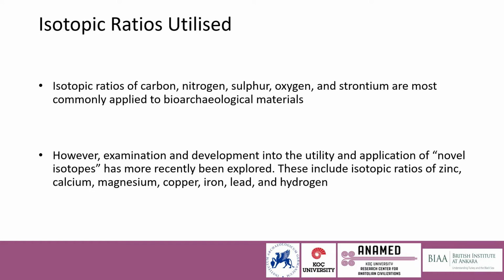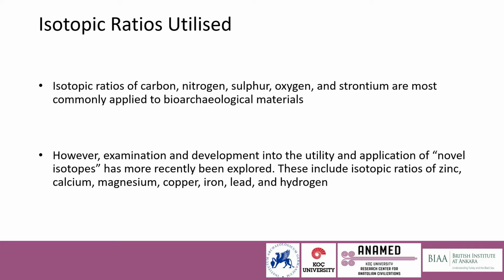As research continues, it's likely that the standard repertoire of carbon, nitrogen, sulfur, oxygen, and strontium will be expanded to include these other isotopic ratios. For example, hydrogen is becoming more common in recent years. However, in this talk, I'm just going to deal with the standard set that are commonly used at the moment.